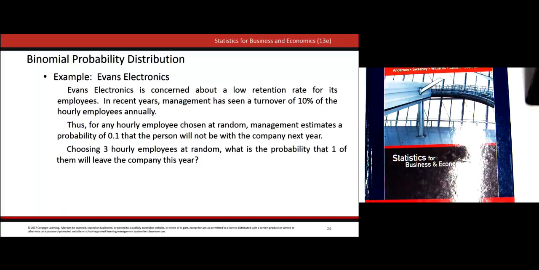Success doesn't necessarily mean a good thing. So then we have 2 outcomes, leave, stay. We are interested in the ones that leave the company. So if an employee leaves, that is considered success. What's the probability of success then? Which is 0.1. That's the probability that a person will not be with the company next year.